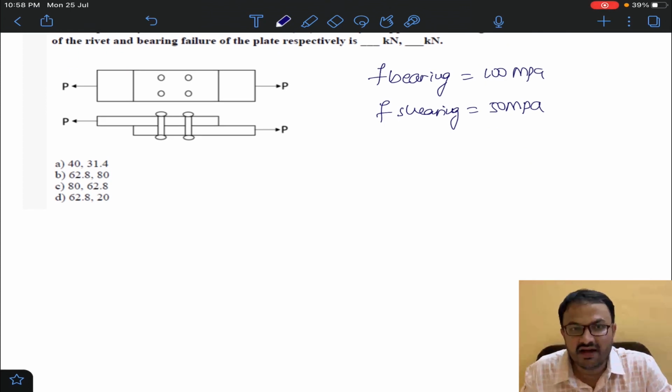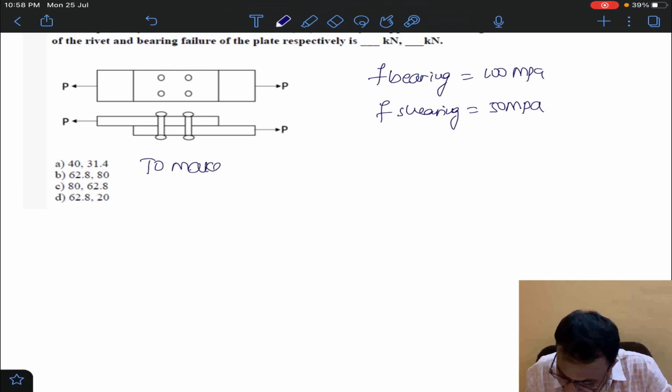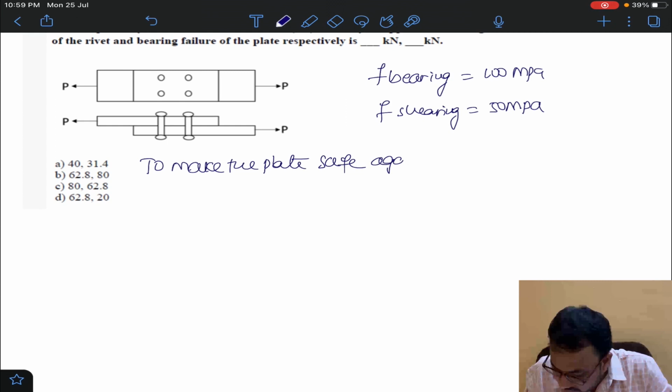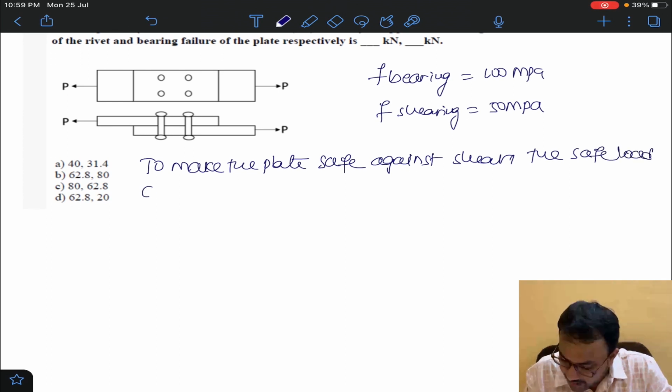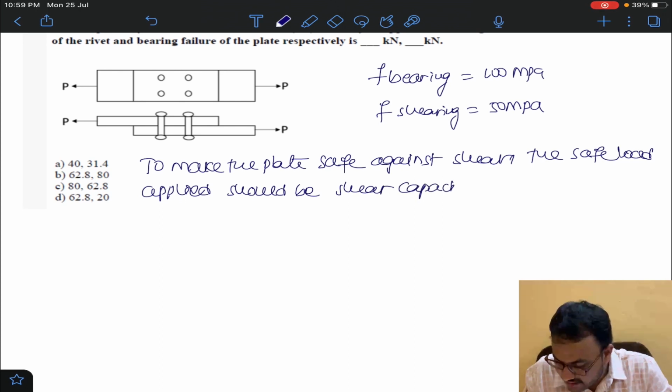To make the plate safe against shear, the safe load applied should be the shear capacity or shear strength of the bolt or rivet.